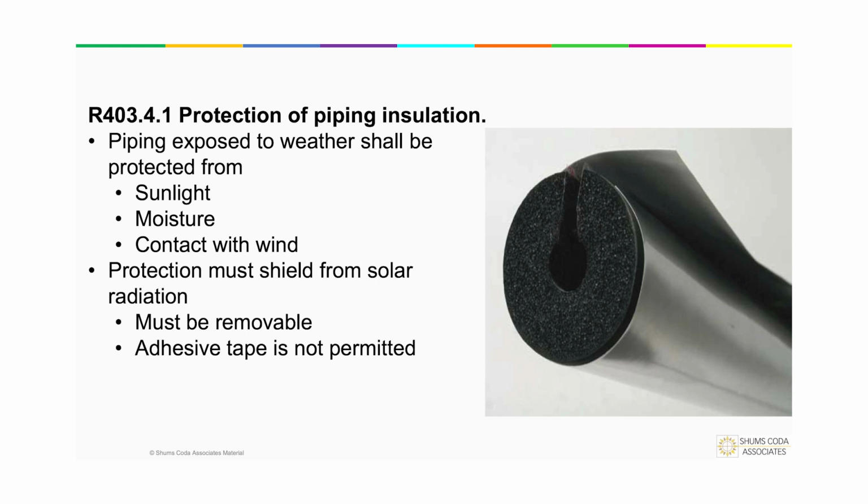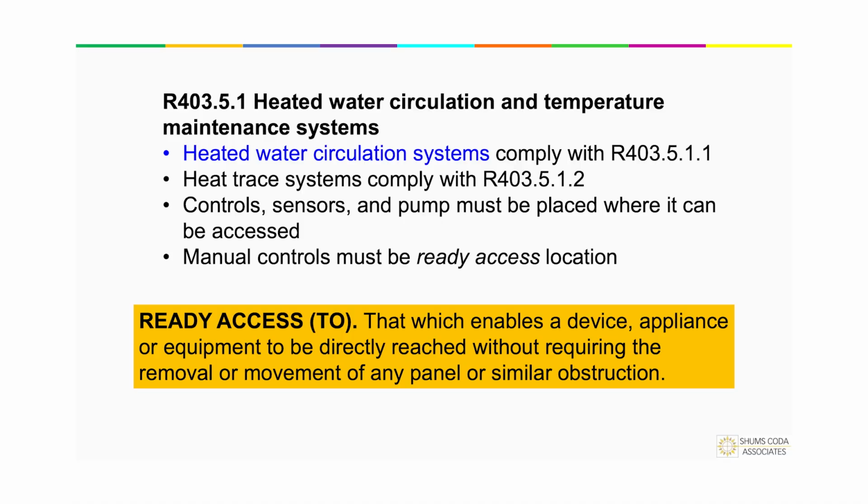All right, let's talk about our heated water circulation, temperature, and maintenance systems. You guys probably have a lot of this going on in your areas. There is some criteria with it, depending on what you're trying to do.